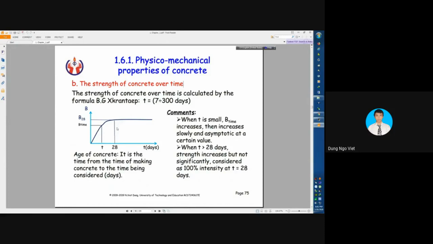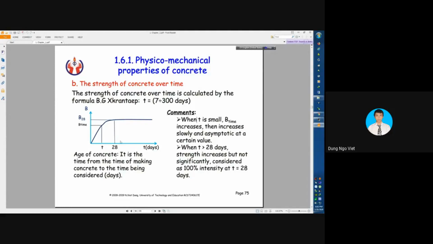However, after 28 days, when the number of days t is large, the strength of concrete increases slowly, and is asymptotic at a certain value.